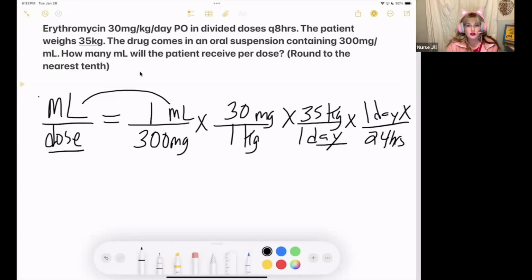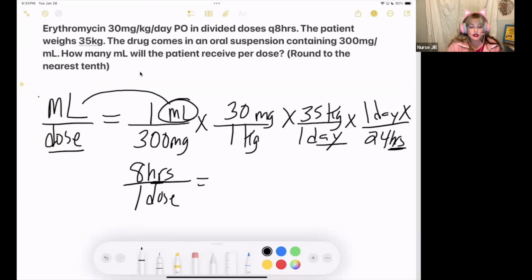I'm going to go down here at the bottom and I'm going to put times every 8 hours they receive 1 dose. See, because we have hours on bottom and we're matching hours for the next top label or the numerator label. So long equation, but you're going with the matching thing because it will work each time as long as you follow the rules.